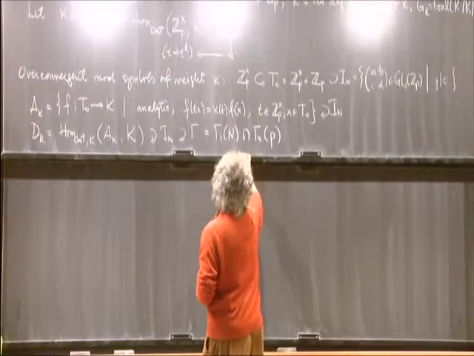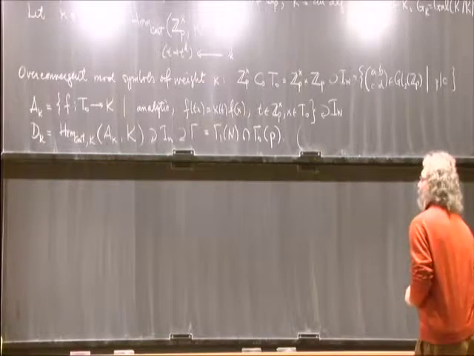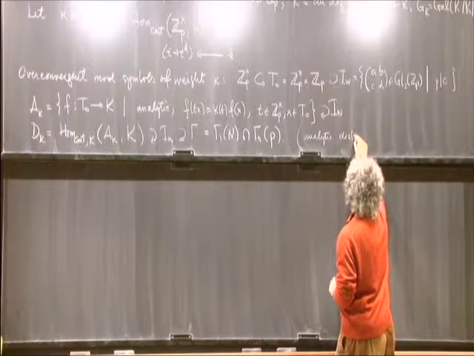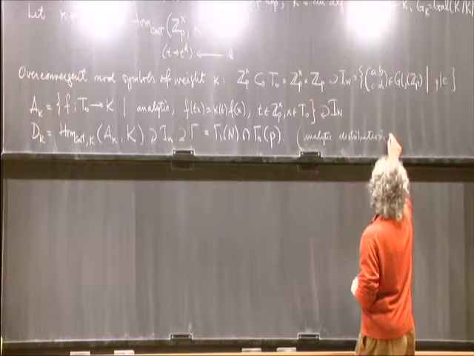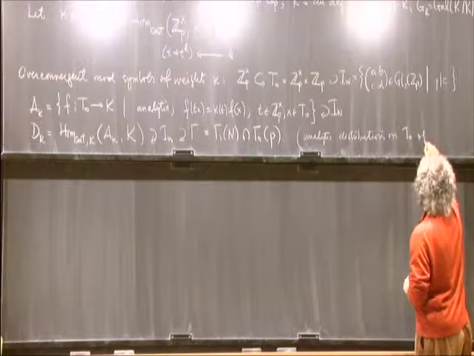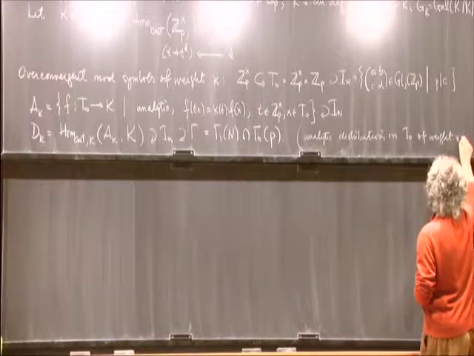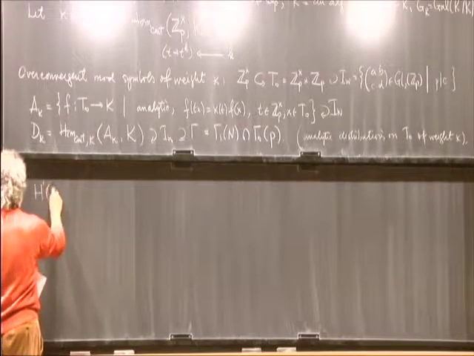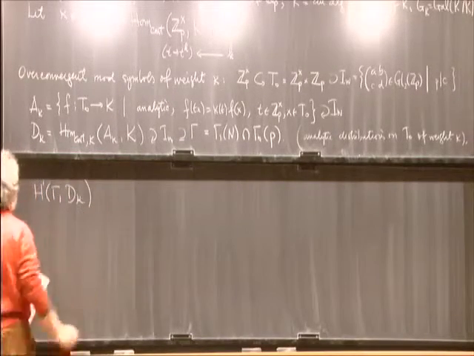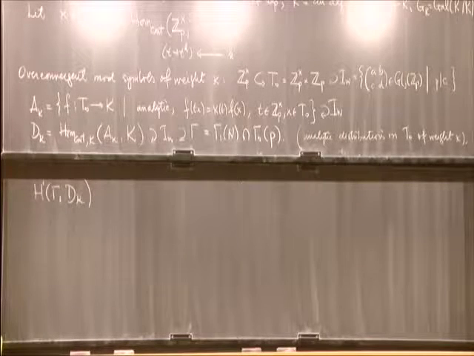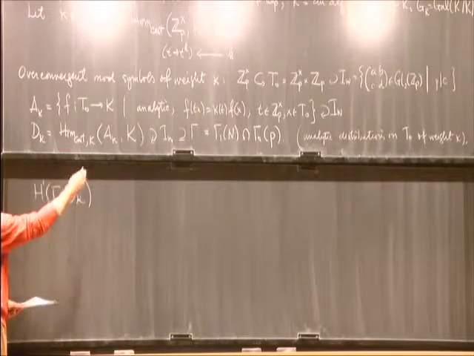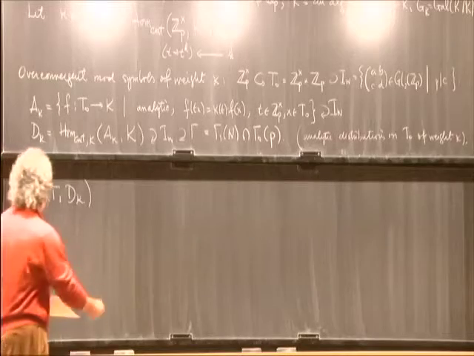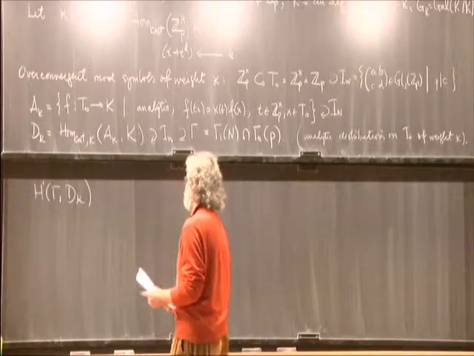So this space Glenn calls analytic distributions on T_0 of weight kappa. And then the object that we'd like to look at is H^1, group cohomology for this arithmetic group gamma, which is the intersection of gamma_1(N) and gamma_0(p), with values in these analytic distributions.